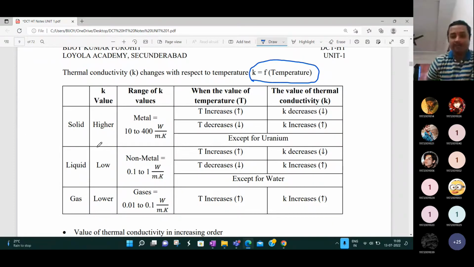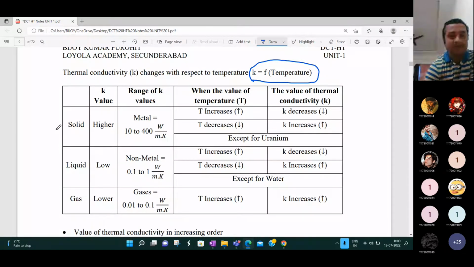For your syllabus it may not be required, but for some competitive examinations or in interviews, they ask questions related to these tables. So kindly look into it. It is the value of thermal conductivity and how it depends on temperature.